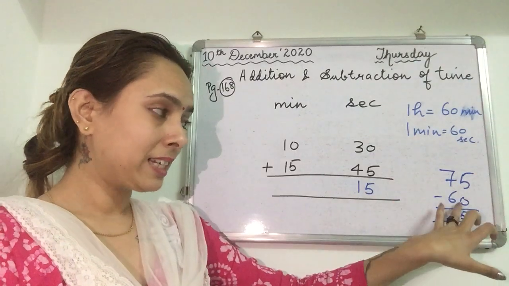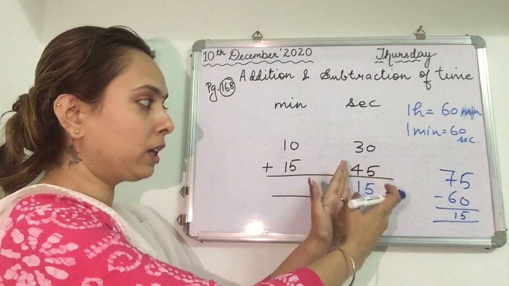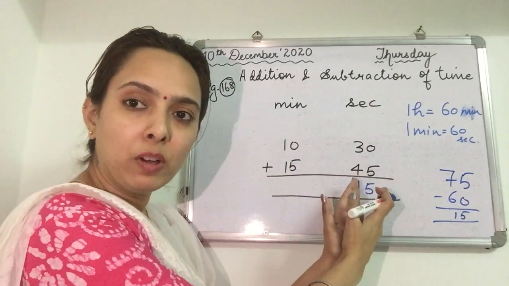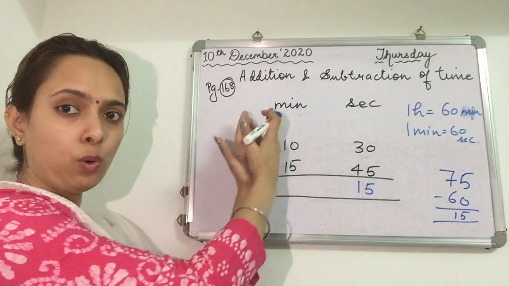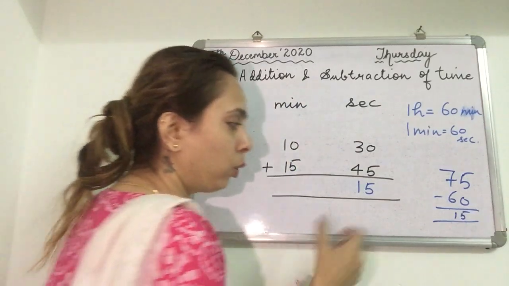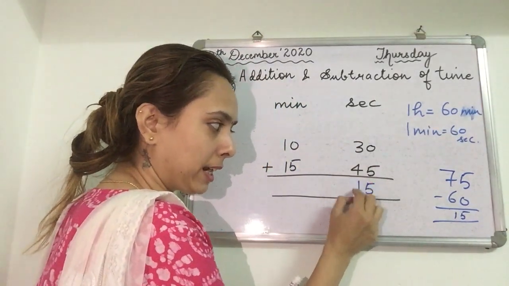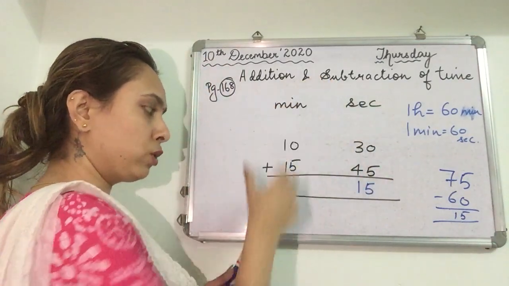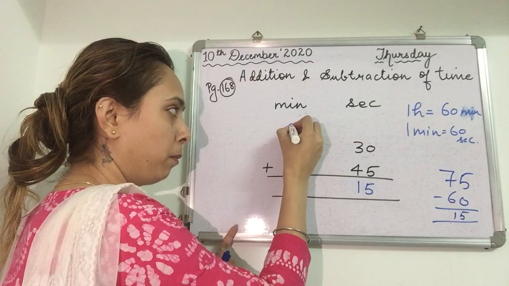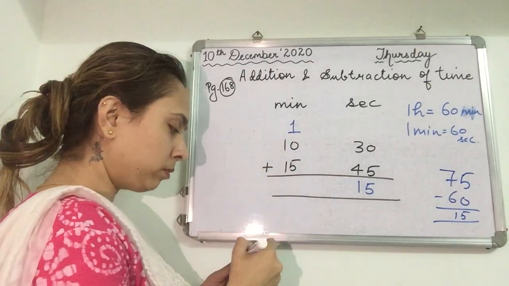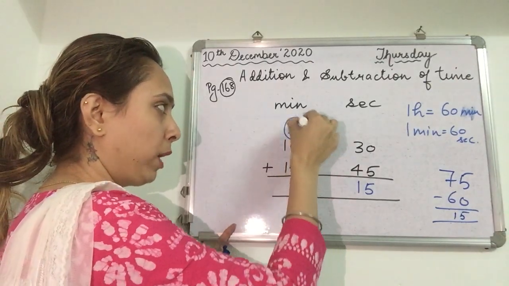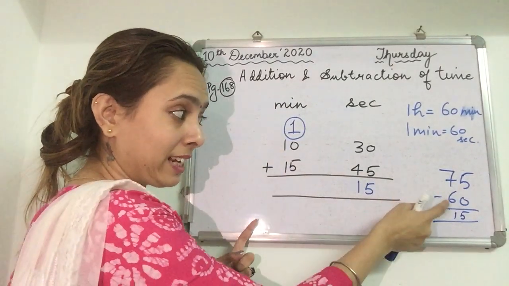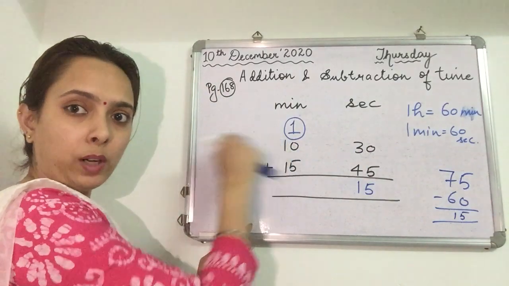This 60 seconds will be converted into a minute and carried over to minutes. So the 60 seconds that is left here will change into 1 minute and will be borrowed up. 1 minute is equal to 60 seconds, so we carried these 60 seconds over.